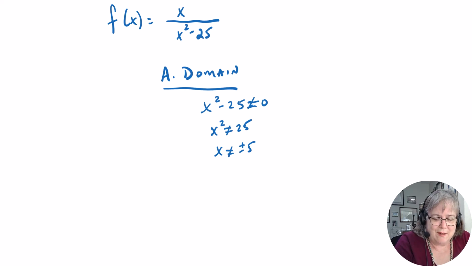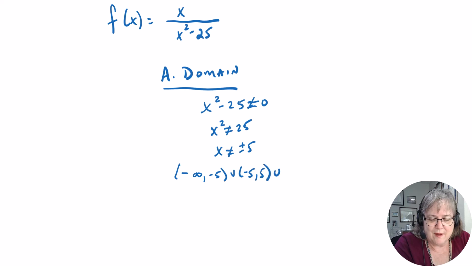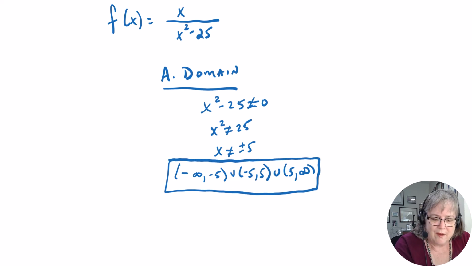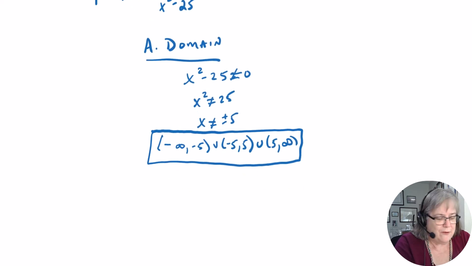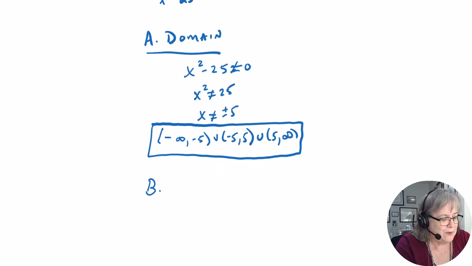And so you would say, well, I can't have plus or minus 5, so it's negative infinity to minus 5, minus 5 to 5, and 5 to infinity. And you can see the holes here at 5 and negative 5. And it depends on how your teacher wants it expressed. If this is interval form, or if they want it expressed in set form or something, you will know by now because your teacher will have demonstrated it.